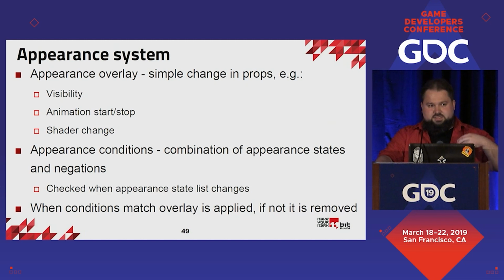When the building is not active, the animation should stop. So this, combined with appearance conditions, creates a system that applies certain overlay on appearance when the conditions are met. So when the conditions are that the building should be active during night, we should apply appearance overlay that puts on the lights. And this is how we did it.